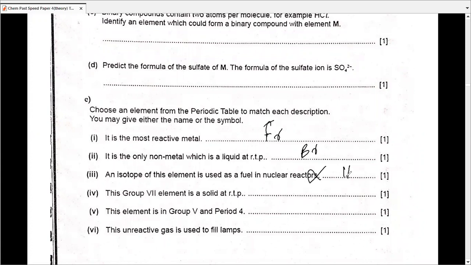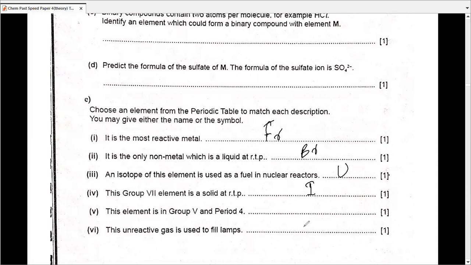Although this is hydrogen, an isotope of this was deuterium. Deuterium is used as a fuel in, oh no, sorry, that's not it. So uranium, it still is a part of the course. Okay. Next up, the group 7 element that is solid at room temperature and pressure. Iodine.